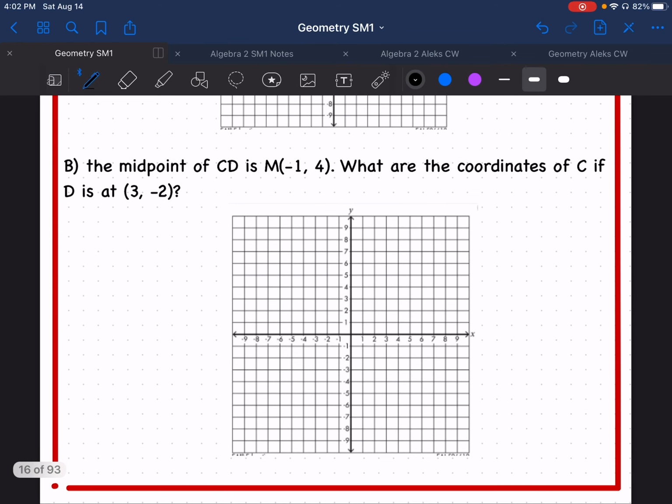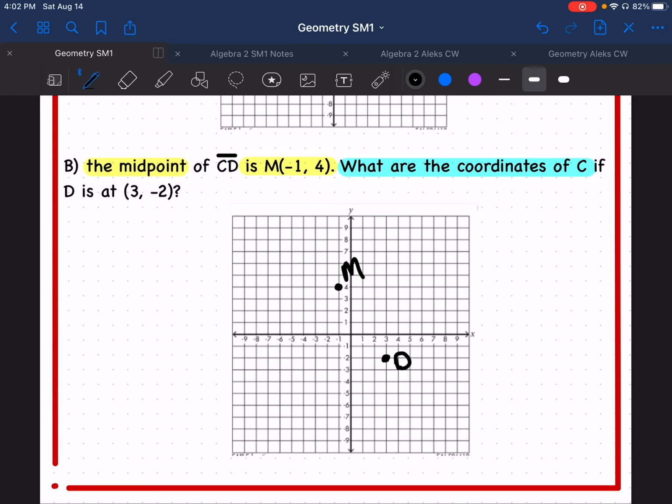The midpoint of segment CD is M, (-1, 4). And this would be M. Now notice once again here, the midpoint is given, so they're going to ask me to find something else. What are the coordinates of C if D is at (3, -2)?